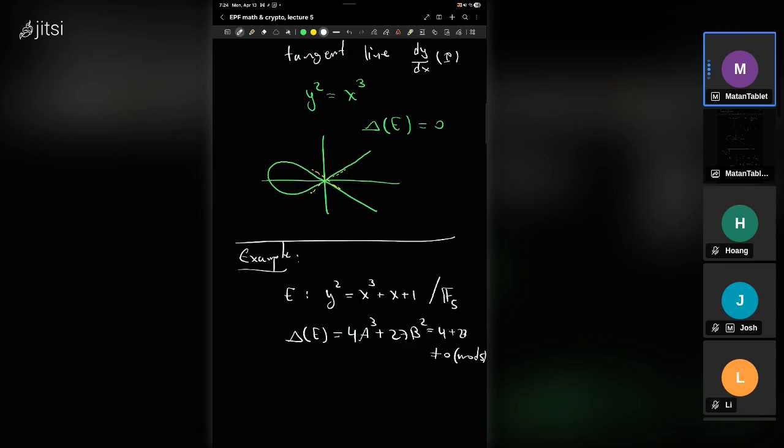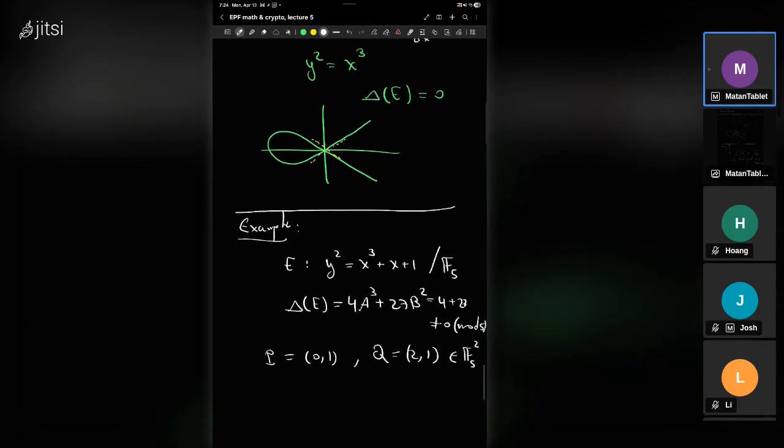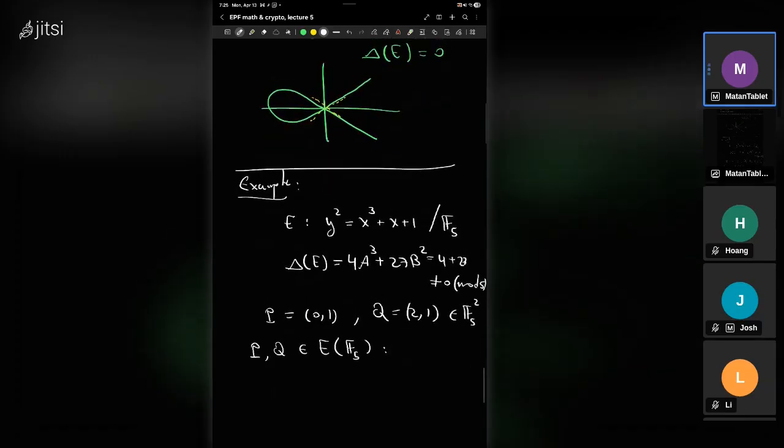Okay, and now I take 2 points. P is going to be (0, 1), and Q is going to be (2, 1). Both points are in F5 squared, but I claim they live on the F5 rational points on E. Well, what do you need to see? So this is xP, this is yP.